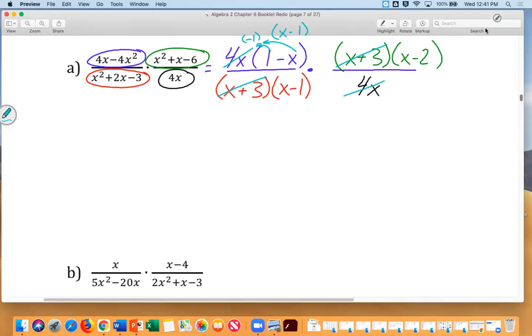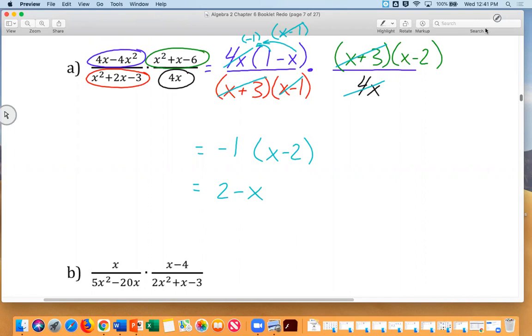Now I can cancel x minus 1 and the x minus 1. So this whole problem boils down to -1 times x minus 2, which doesn't bother me if you leave it that way, or if you were to write it as 2 minus x.